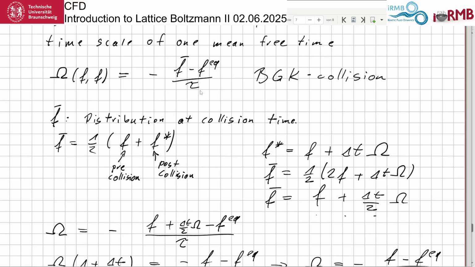So if you had to physically resolve this time between collisions, then you would not be able to do anything with this method other than solving the Boltzmann equation itself.